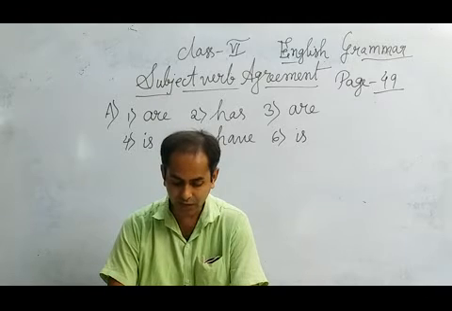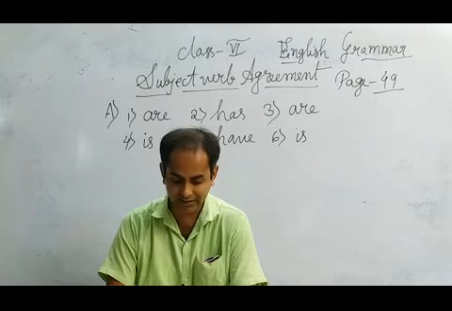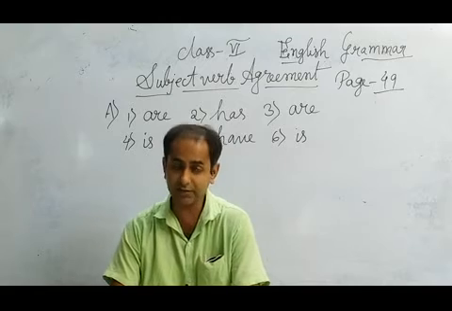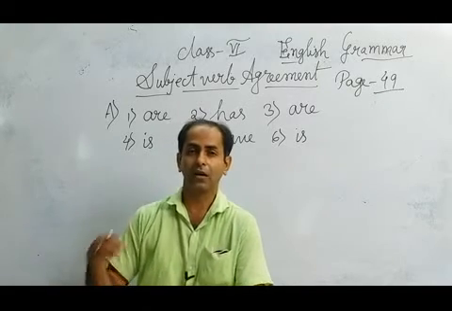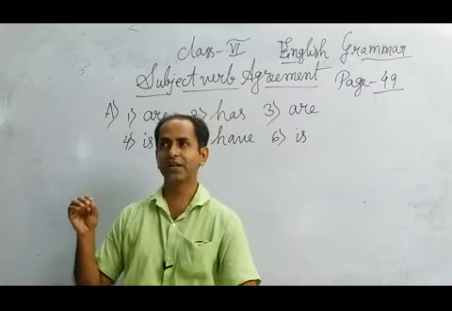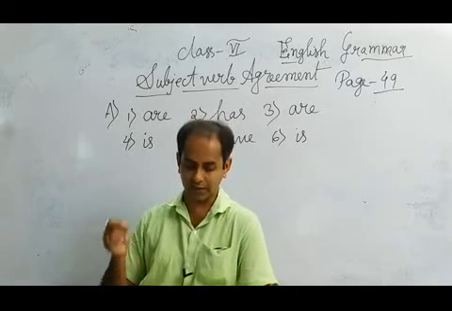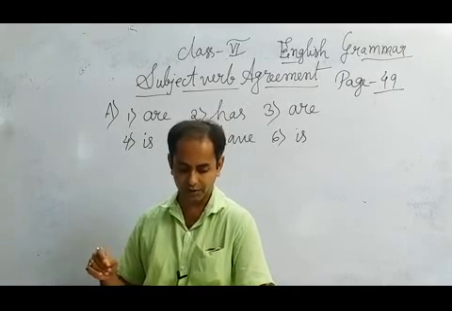Now collective nouns are considered singular and take singular verbs, but that is not everything. There are some other points also associated with collective nouns, which are not mentioned here.